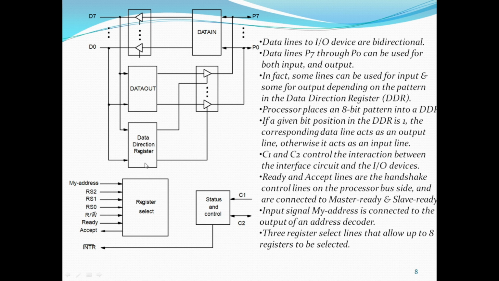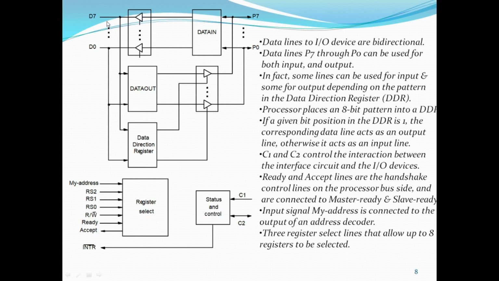The processor can write any 8-bit pattern into this DDR, and for a given bit, if the DDR value is 1, the corresponding data line acts as an output line, otherwise it will act as an input line.